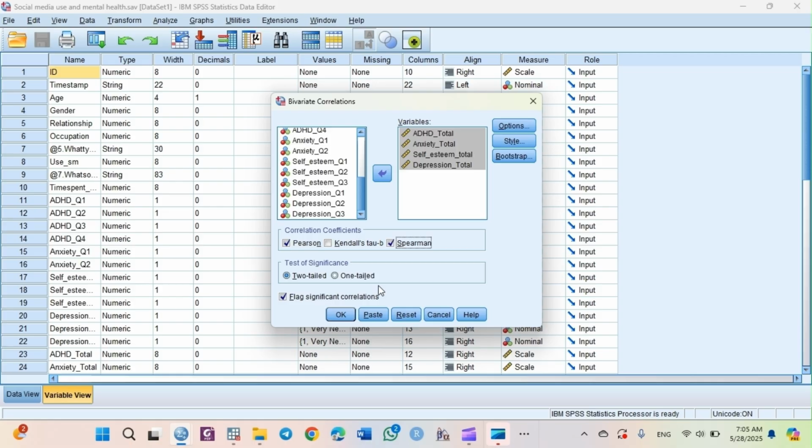For example, if your hypothesis says that individuals with a higher level of anxiety will exhibit significantly higher levels of depressive symptoms compared to those with lower anxiety levels, in this case it's one-tailed, so you can choose one-tailed. Let's keep two-tailed. The other option is flag significant correlations, so that asterisks are put there.